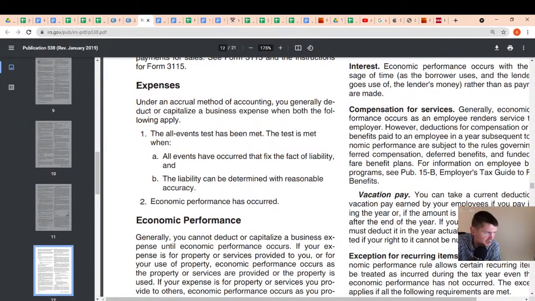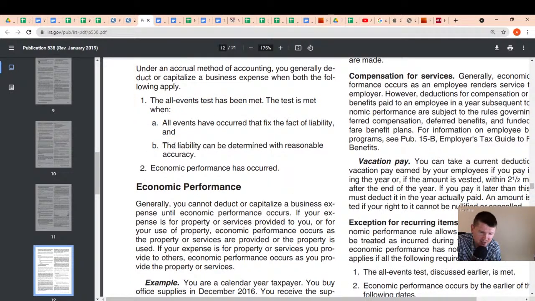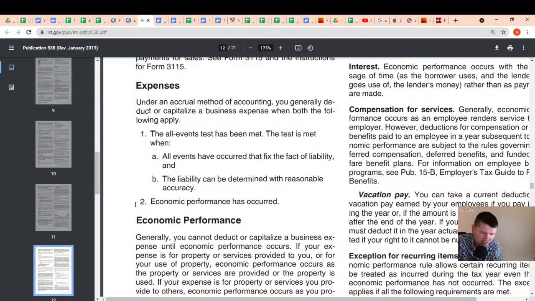What about expenses under the accrual method for taxation? Under an accrual method of accounting, you generally deduct or capitalize a business expense when both of the following apply. The all events test has been met when all events have occurred that fix the fact of the liability, and the liability can be determined with reasonable accuracy, and economic performance has occurred.